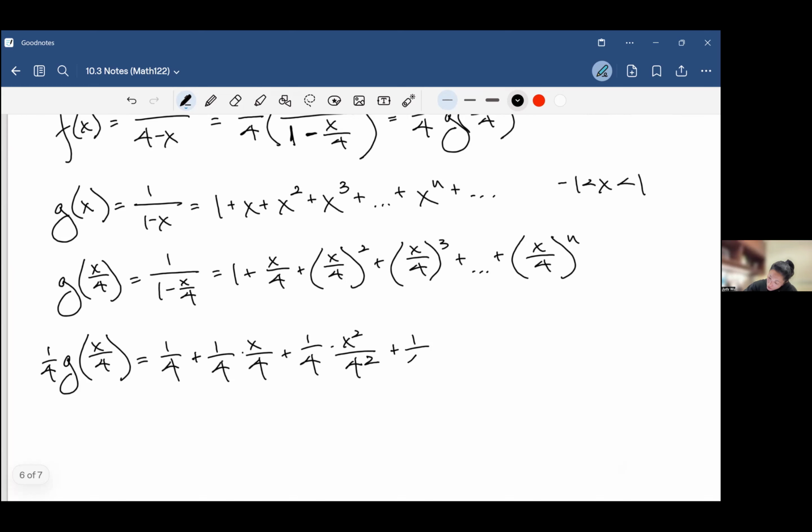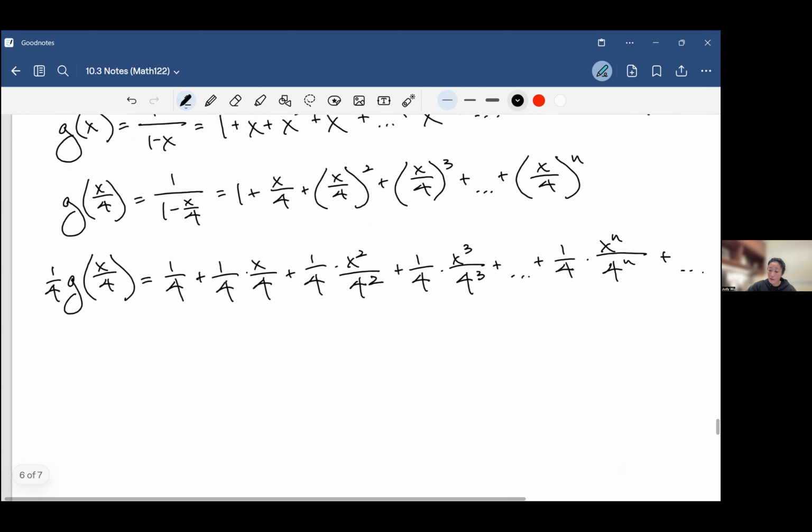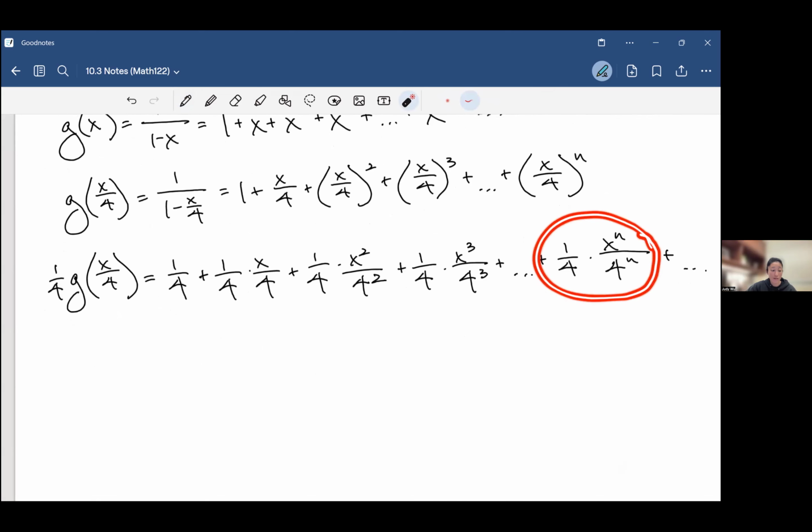Plus 1 over 4 times x to the third over 4 cubed, plus 1/4 times x to the n over 4 to the n. Okay. Now, this is really helpful in coming up with our pattern, all right? Because what we can actually write this term as is x to the n over 4 to the n plus 1. That's like a cleaner way of writing that, okay?